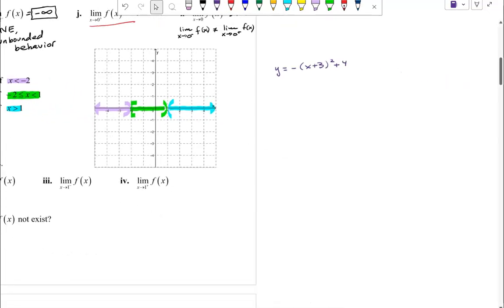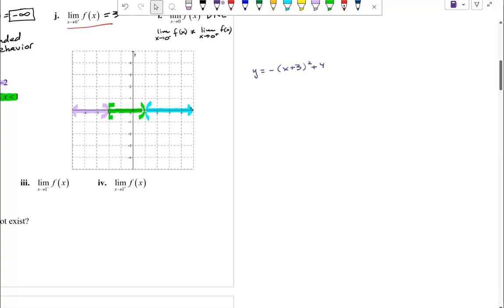And so remembering a few things about transformations, if I have the function y equals x squared, that's often called the parent function, that looks something like this. And if we now just look at y equals (x plus 3) squared, that's the exact same function, except it's been shifted 3 units to the left.